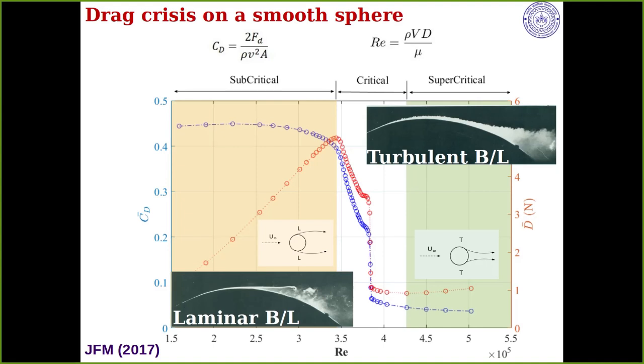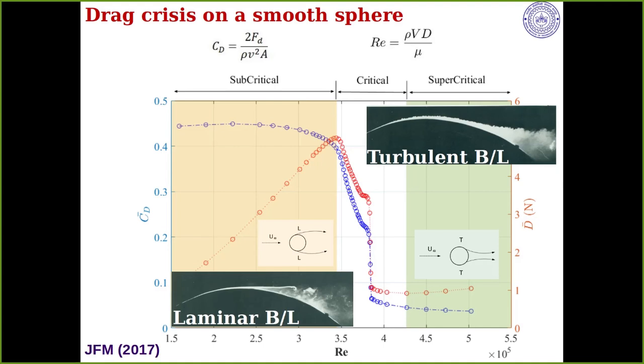The turbulent boundary layer energizes the flow, and it could separate much later. So as a result, you get a narrower wake. The base pressure increases, and you get a smaller drag. This would occur at somewhere like 3 to 4 times 10 to the 5th. That is important.